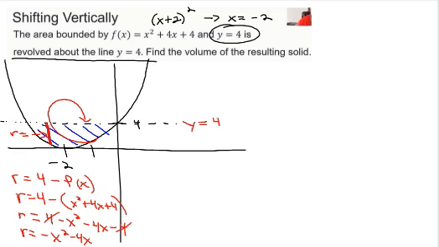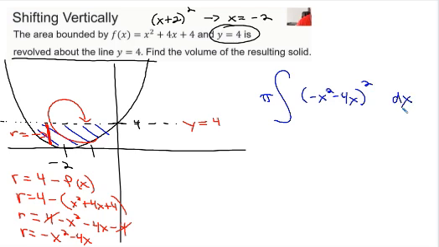So my integral on this problem is going to have pi out in front of it. Then I'm going to have negative x squared minus 4x squared, dx.